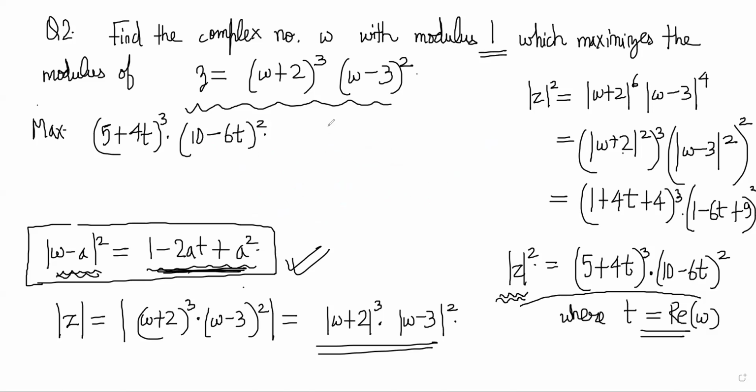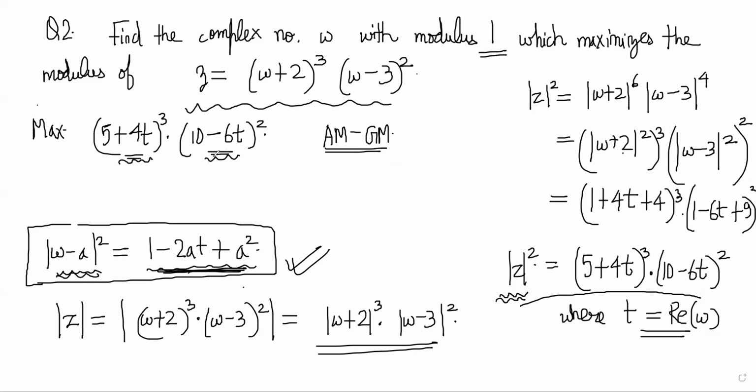So by AM-GM inequality, what we can say is, first of all, you have to realize that both these quantities are positive.